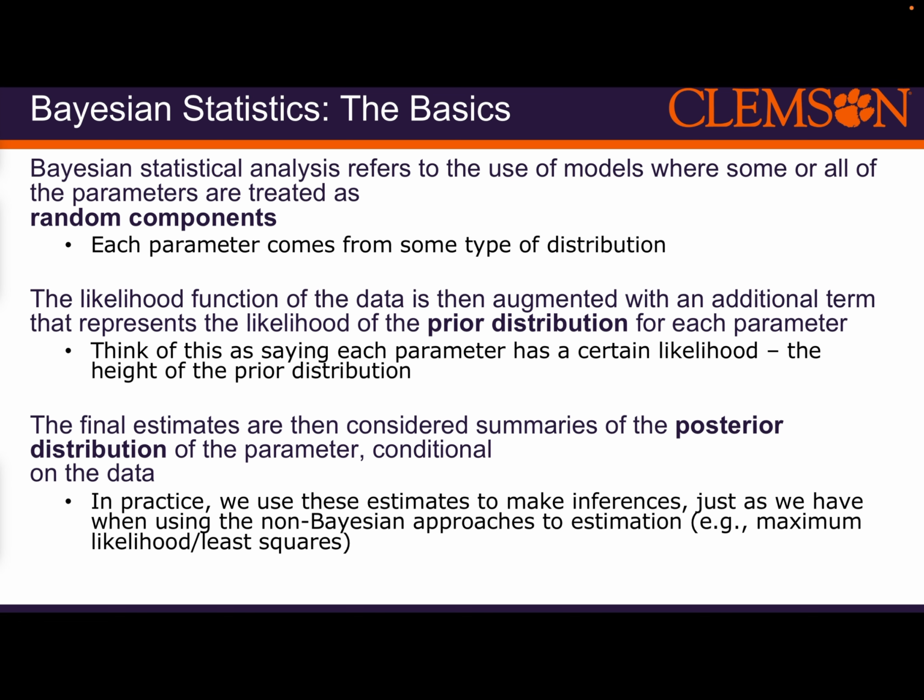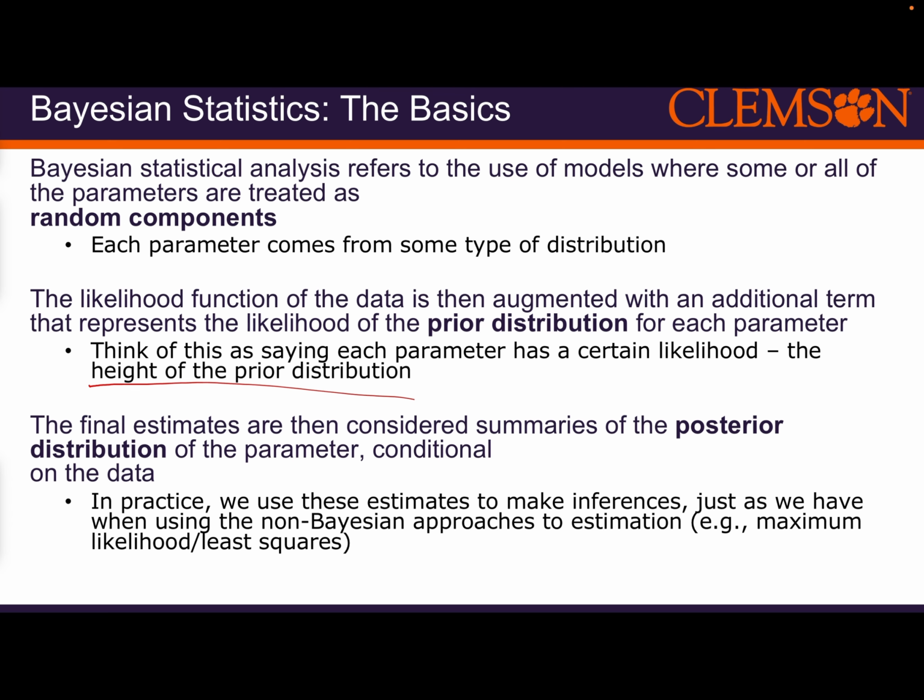The prior distribution reflects the belief an analyst might have about where or how certain they are a parameter might take a certain value. Right? This is like saying each parameter has a certain likelihood. And we saw previously that a likelihood is a height, a sort of relative frequency. In this case, the likelihood is for a parameter, like the mean. How likely is it the mean falls between, let's say, 100 and 110? I'll show that in just a bit.